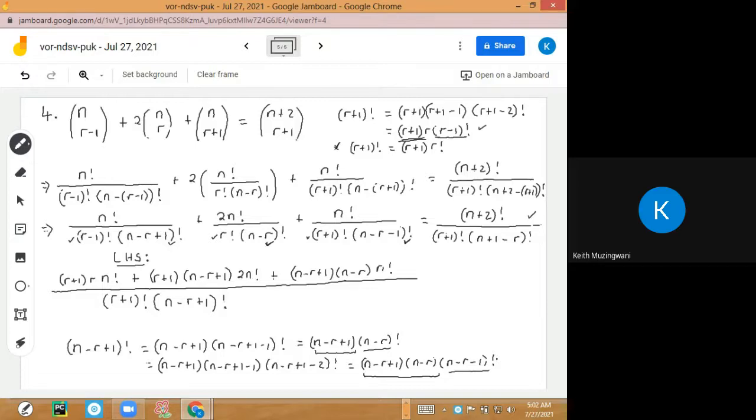Now we need to simplify here. So in our simplification, the denominator won't be touched because this denominator here is what we have here on the right hand side. So everything we do must end in the numerator there.